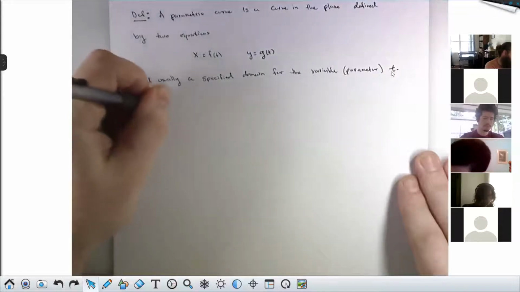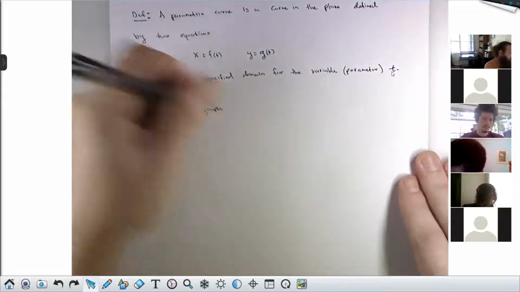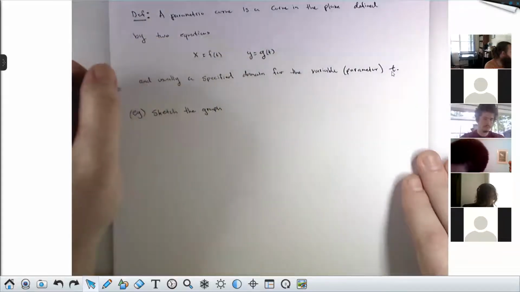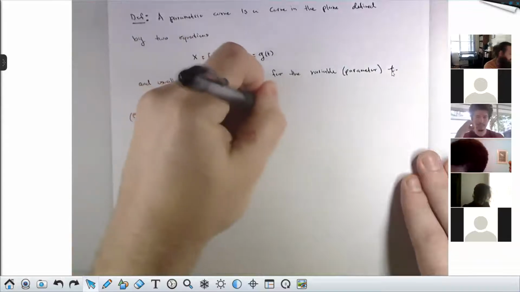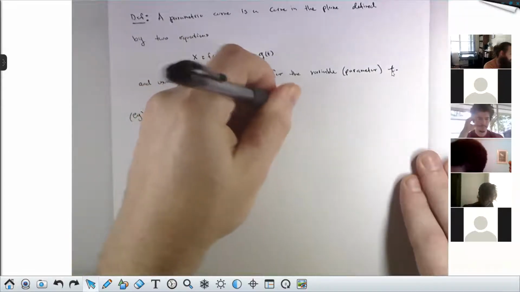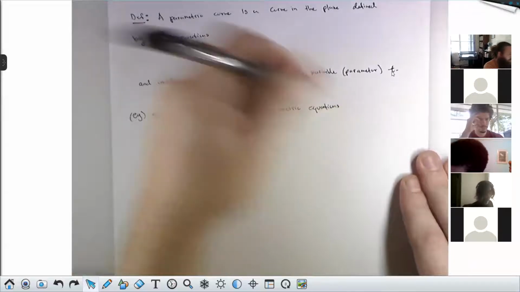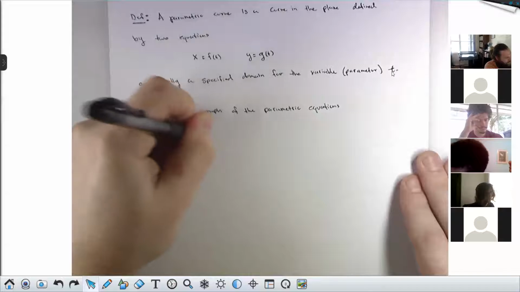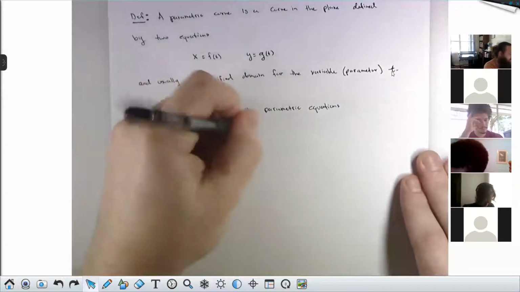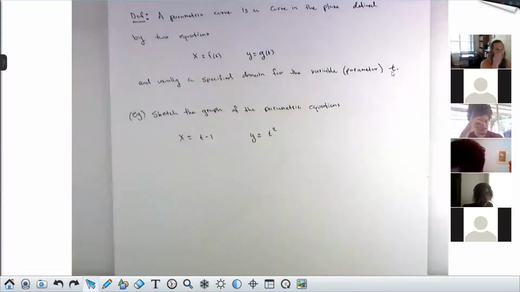Let's sketch the graph of the parametric equations x equals t minus 1 and y equals t squared. Very simple, right?